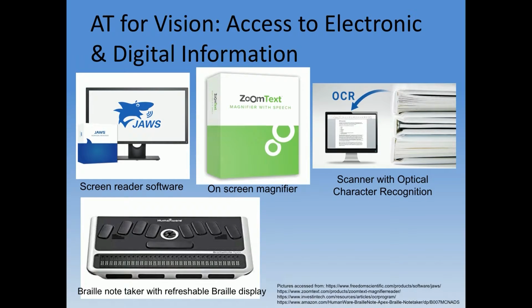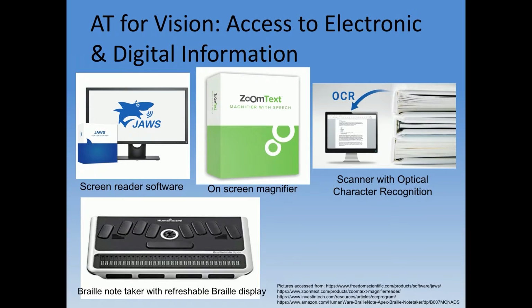For electronic information, if I am blind, I can use a screen reader. So basically, it will speak out everything that's on the screen and help me navigate way down into the documents, way down into a different menu. Very popular with individuals who are blind.